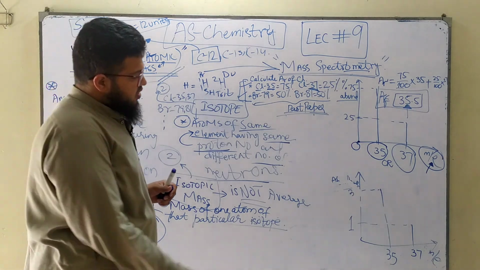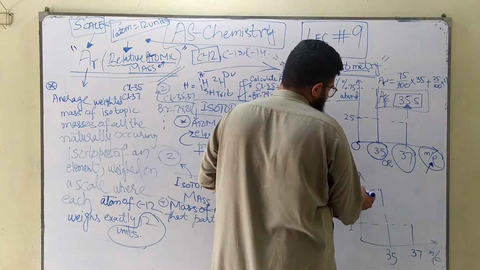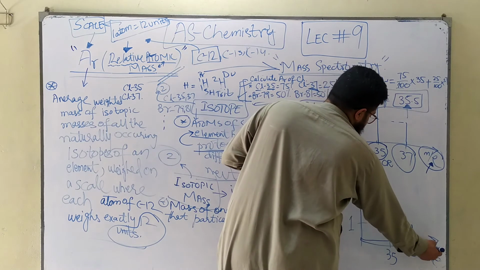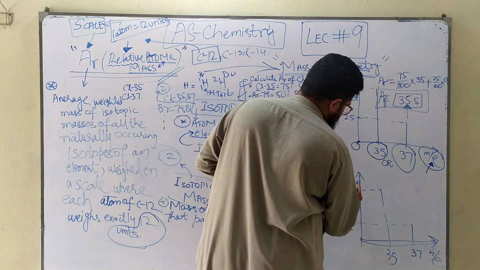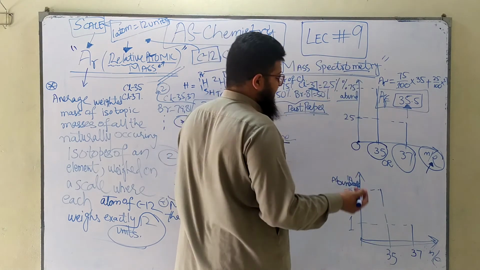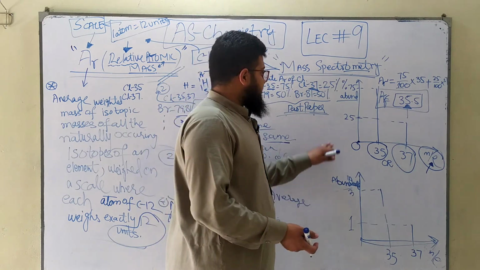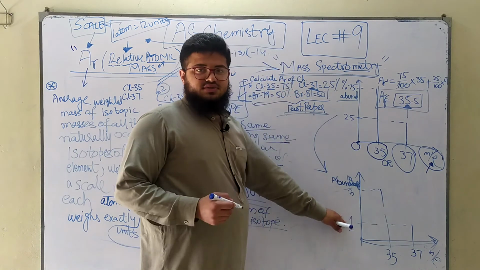And there's another way to represent this graph. It can be represented in the form of abundance, rather than percentage abundance. The examiner can give you abundance on the y-axis instead of percentage abundance. Basically, abundance means you have been given numbers instead of percentages.